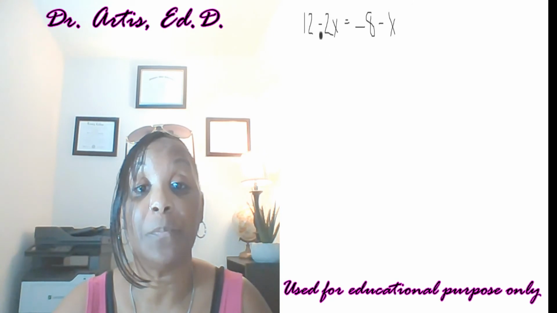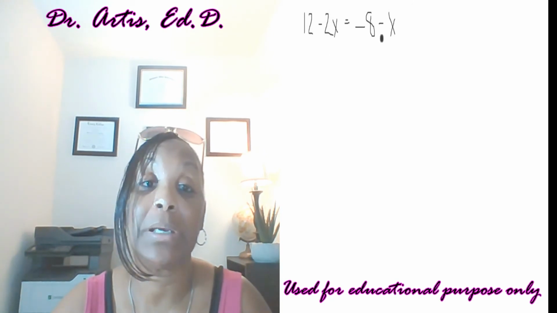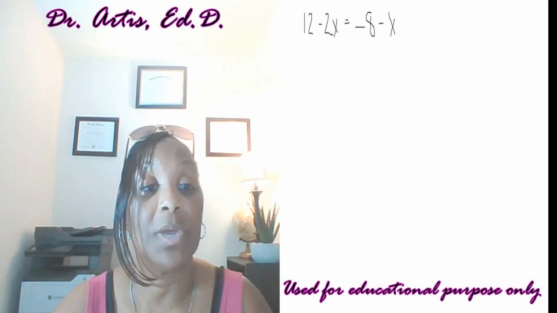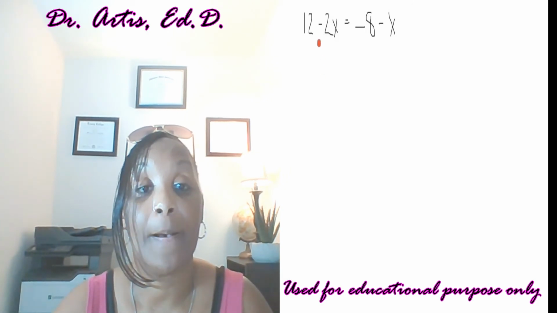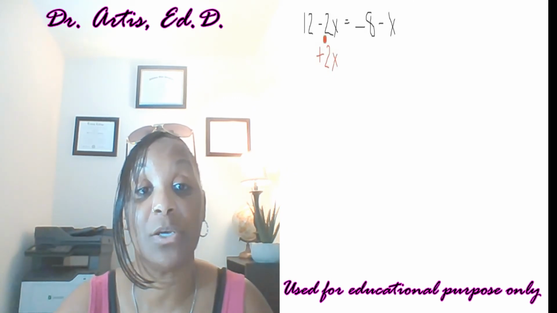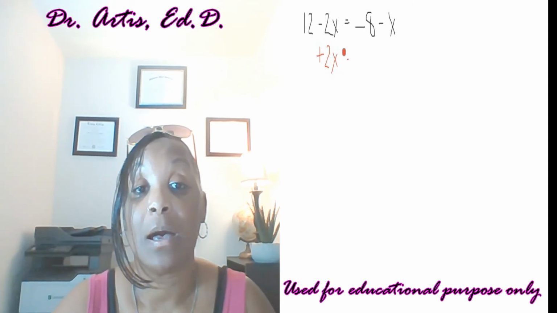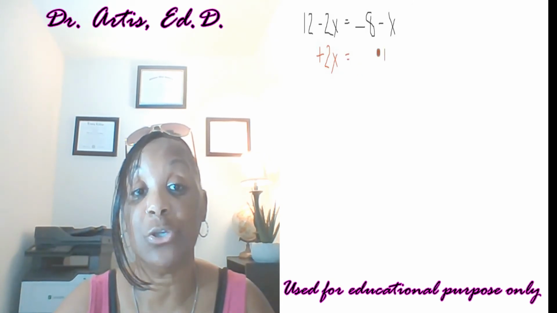Let's move our negative 2x. All right, so here I'm going to add a positive 2x here because I need to get rid of this negative 2x. I'm going to add a positive 2x here because I want to move my 2x over to this side.